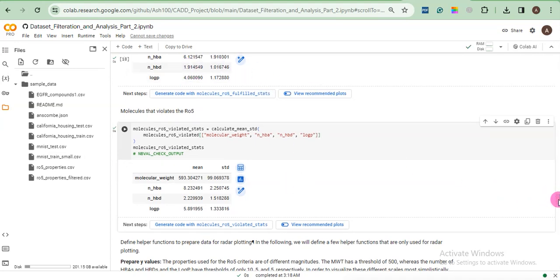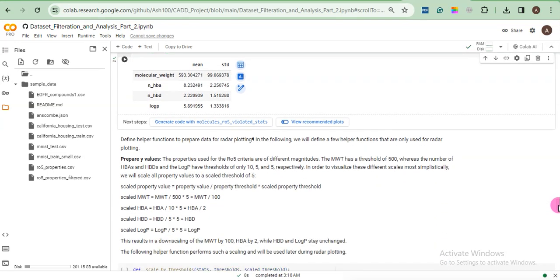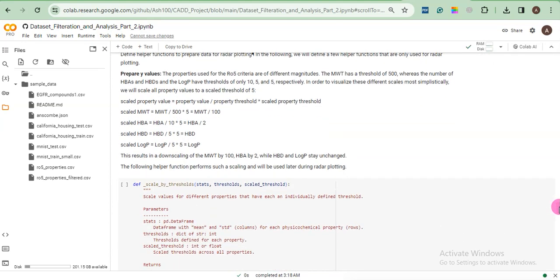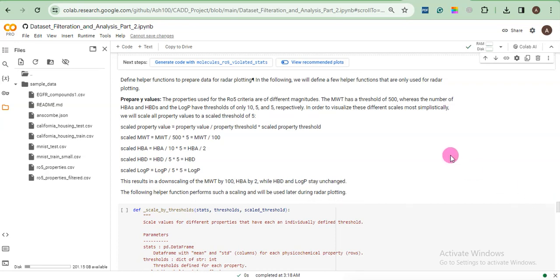Why did we generate them separately? Because we will plot them in the next step. But the Ro5 plot is a strange kind of plot, you will see. So that's why we need some preparation on the x-axis and y-axis.